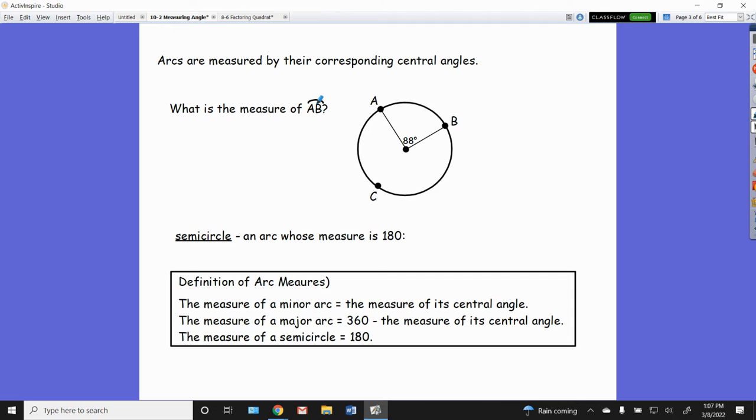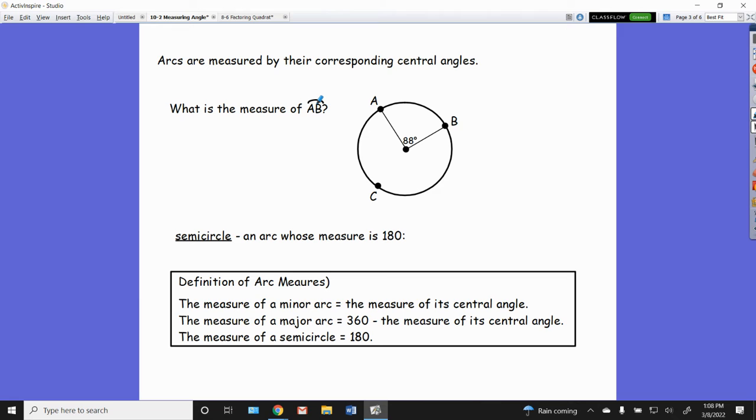I am literally talking about how long that arc is, in inches, feet, centimeters. Arc measure, though, is always in degrees. Arc length depends on the size of the circle. But I could make a circle 8 times that size, and if I make it a similar figure, that arc's still going to be 88 degrees, just in a really big circle.